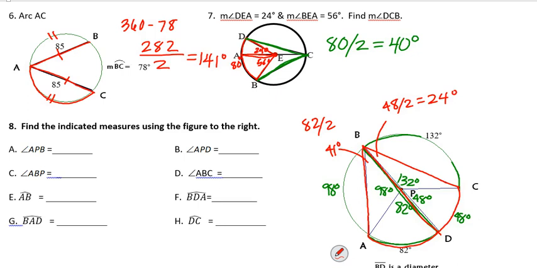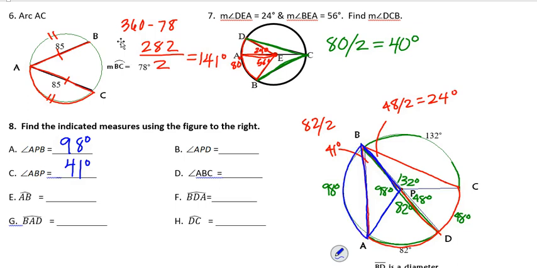Angle APB is that angle right there. That was 98 degrees. Then we've got angle ABP. ABP is this one. It was 41 degrees. Then we've got arc AB out here.